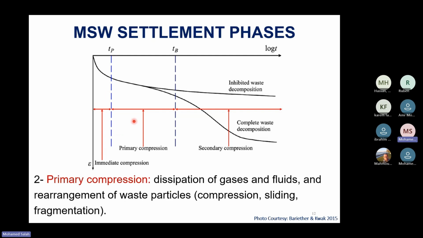Then the second stage is the primary compression of the waste. This stage involves dissipation of gases and fluids and rearrangement of waste particles. This rearrangement involves compression, sliding, and fragmentation.